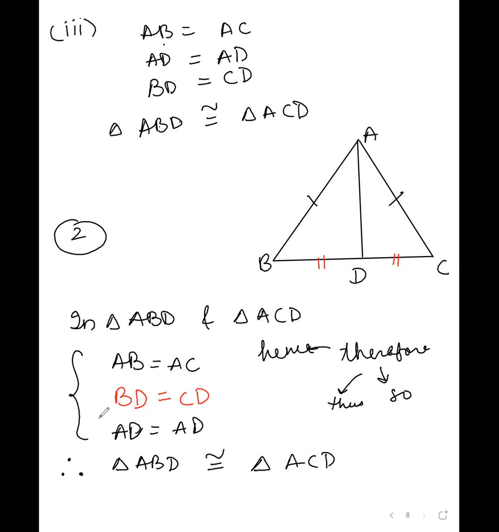Third question. Is angle B equal to angle C? Yes. Why? We say that they are corresponding parts. Basically, BD plus CD is BC, but that is the sides. We are talking about the angles.